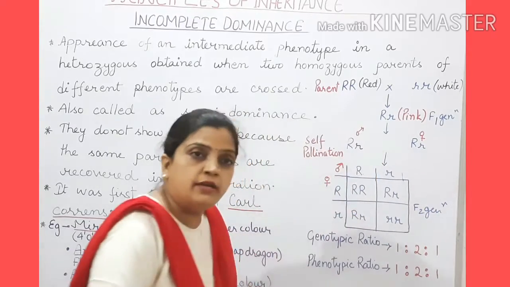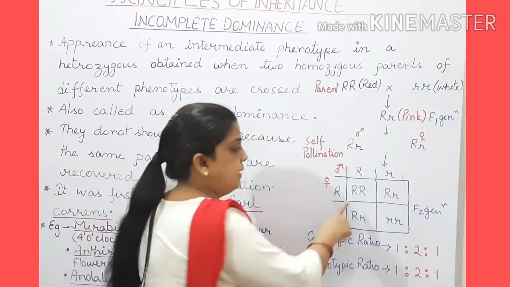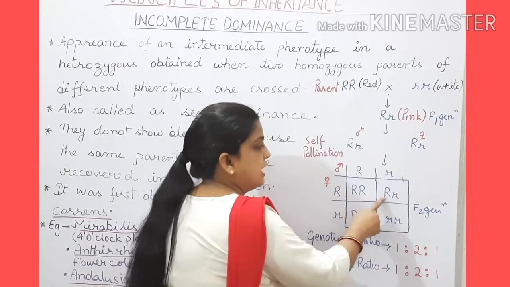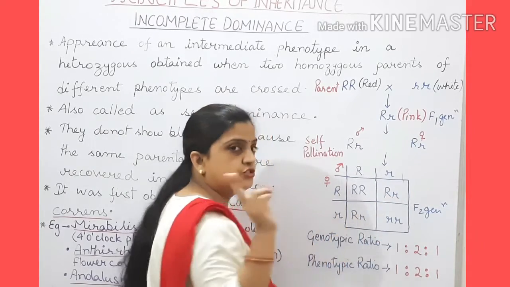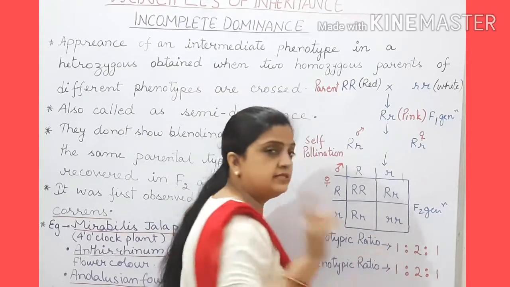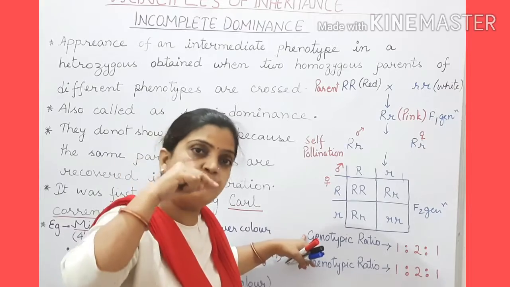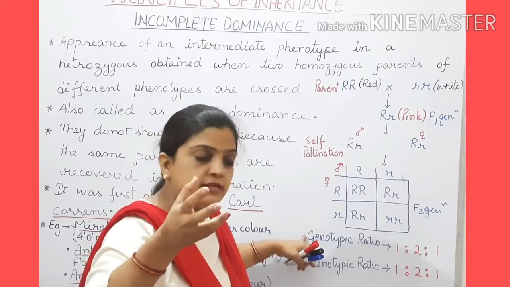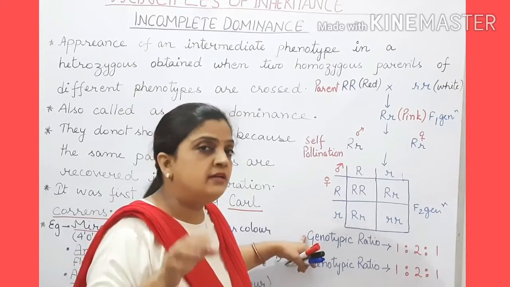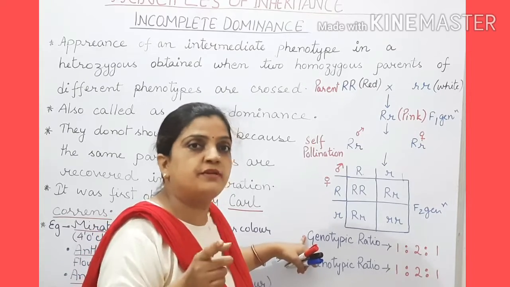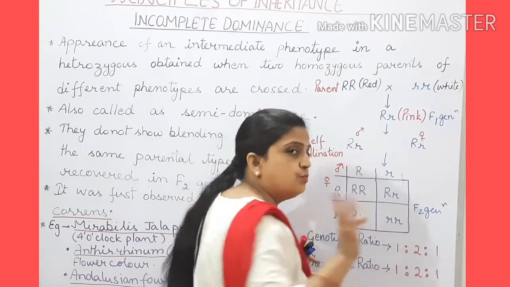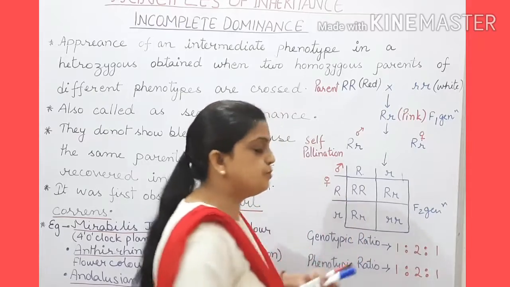According to the genotypic ratio, capital R capital R is 1, capital R small r is 2 and small r small r is 1. According to Mendel's experiment on the height character, in the F2 generation the genotypic ratio was also 1:2:1. So the same ratio was obtained over here.